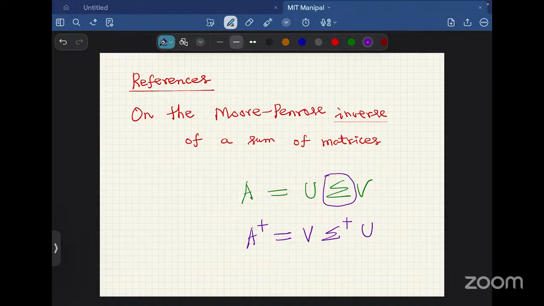Finding the inverse is easy, because for a diagonal matrix we can find the Moore-Penrose inverse easily. So if we have the singular value decomposition of the matrix, then one can easily find the Moore-Penrose inverse.